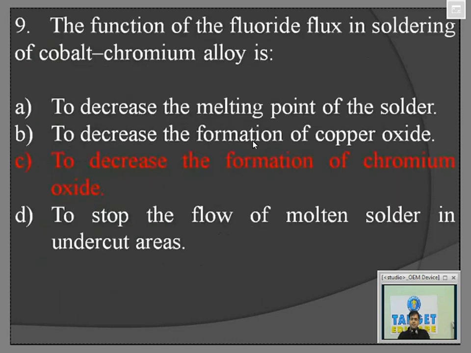So the correct answer over here would be to decrease the formation of chromium oxide, because base metal alloys form stronger oxides. So the function of fluoride fluxes in a base metal alloy is to dissolve or decrease the formation of chromium oxide.